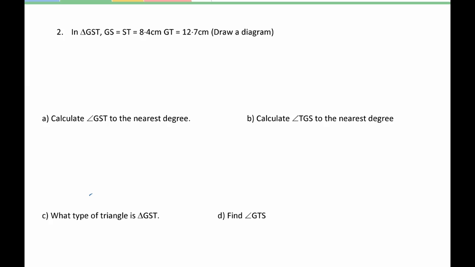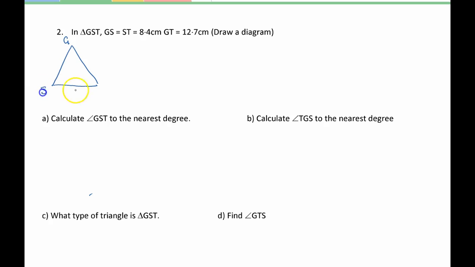So I've tried to choose some different types of examples to go through with you before you get started. So in this next example, obviously there's no diagram, there's very few words. It's not like it's a real problem style question. So how do we do these? Well, clearly we need to draw the triangle. It says in triangle GST. We get to choose where G, S and T go.